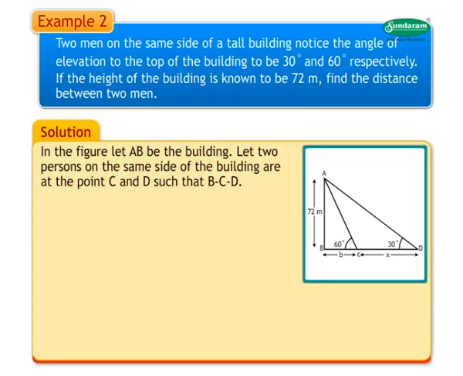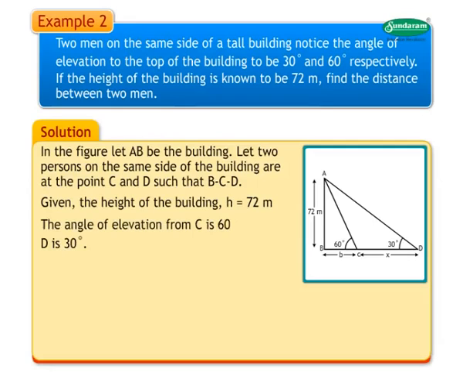Let two persons on the same side of the building be at the points C and D such that B, C and D are collinear. Given the height of the building H is equal to 72 meters. The angle of elevation from C is 60 degrees and from D is 30 degrees.